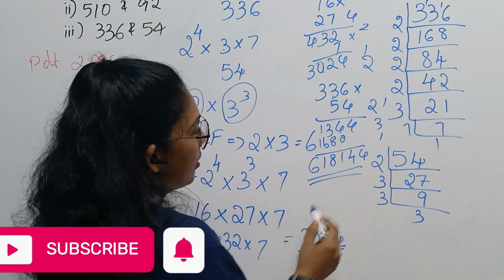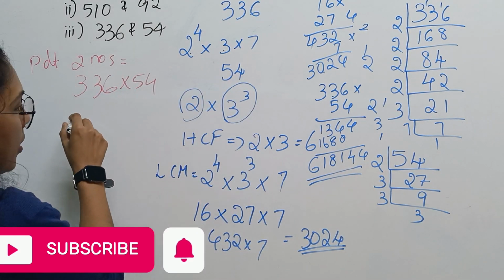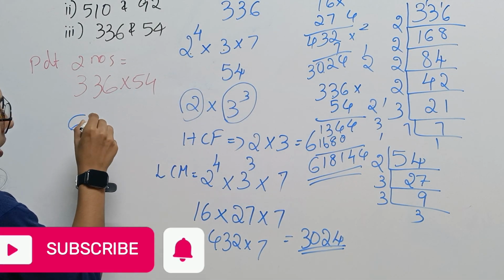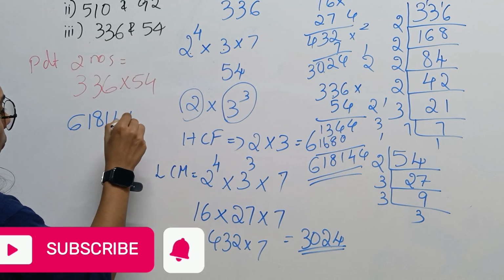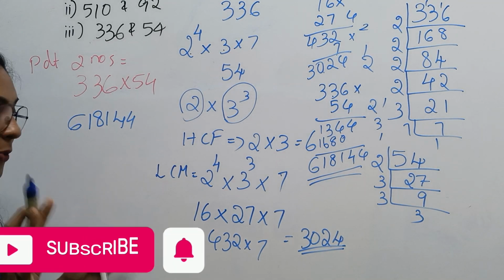Okay. 18,144. Okay, this is the product of two numbers.